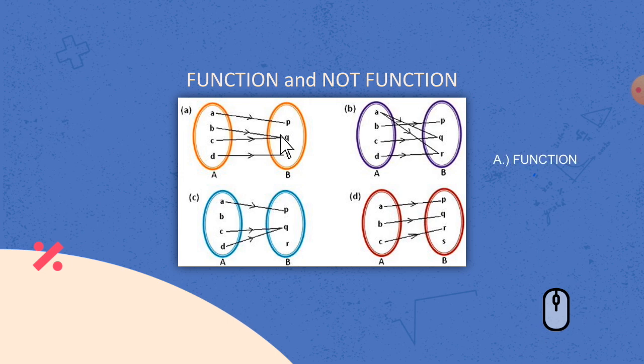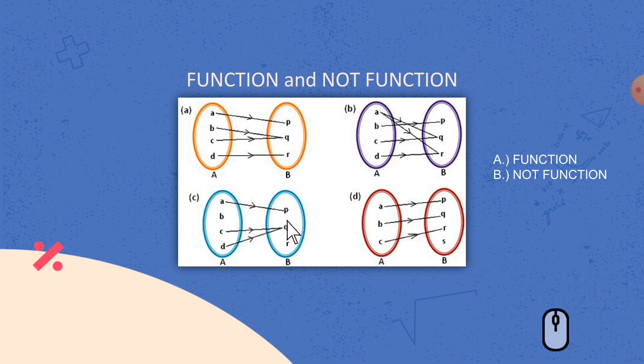So how about the letter B? Is it a function or not function? This is an example of not function since yung letter A natin, kung mapapansin natin, is dalawa. Dalawang relation which is the A, Q, and AR. So how about the letter C?